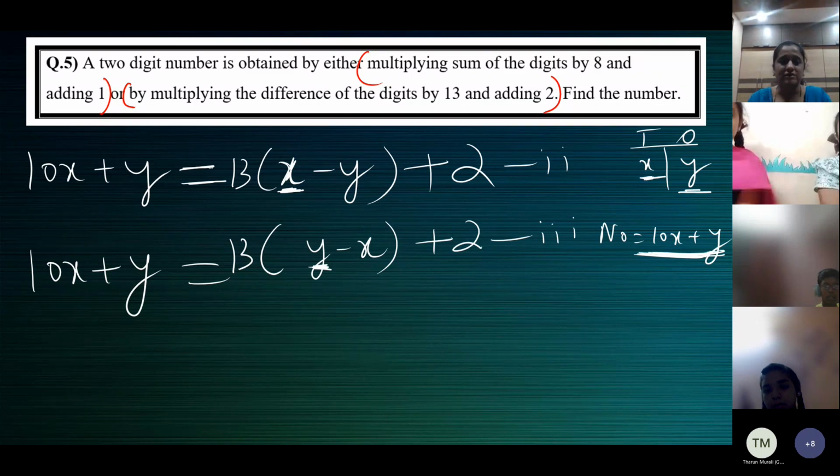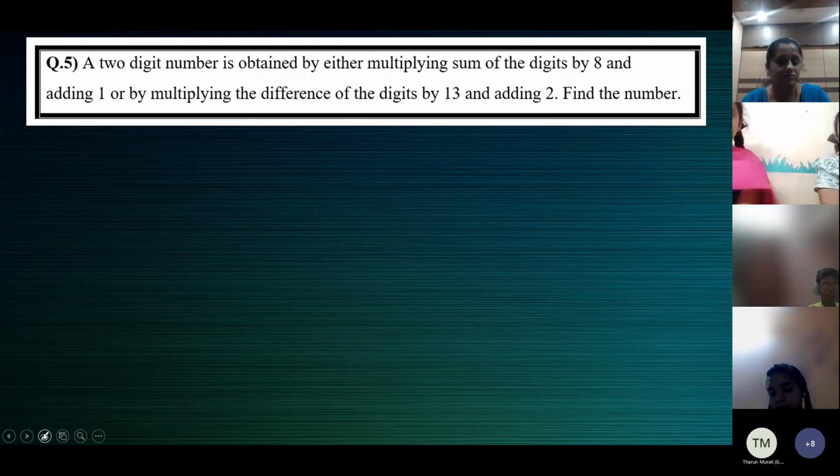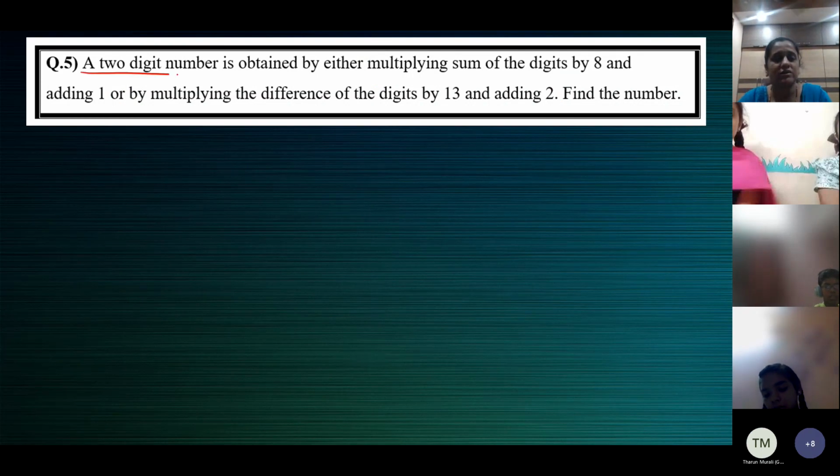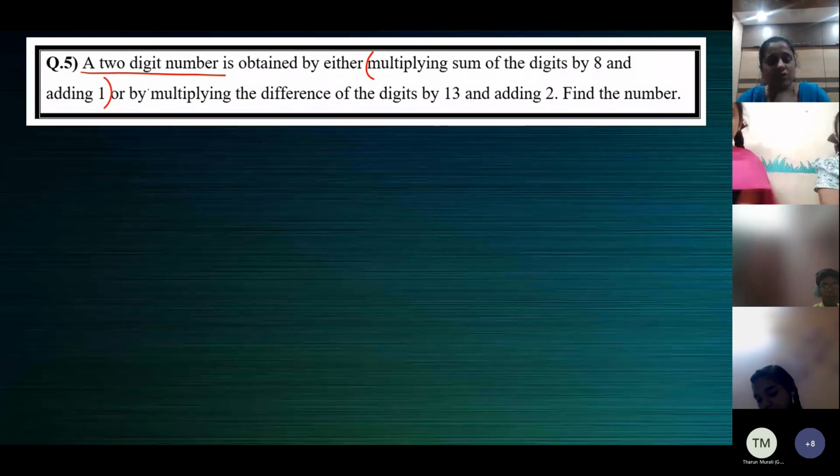The two-digit number 10x plus y can be got in two different ways. We'll do it again. The two-digit number can be got by multiplying the sum of the digits by 8 and adding 1, or you can also get it by multiplying the difference of the digits by 13 and adding 2.